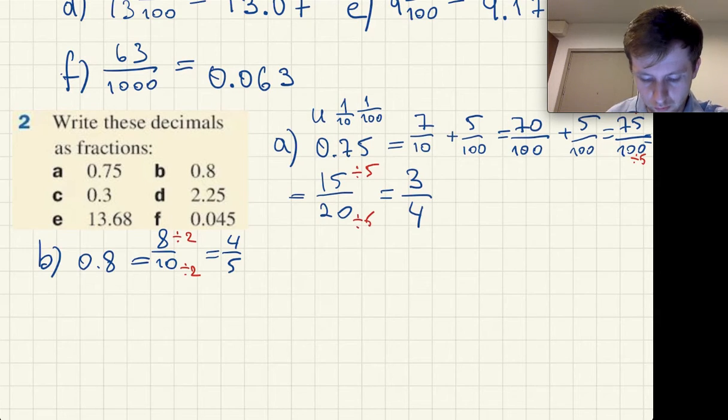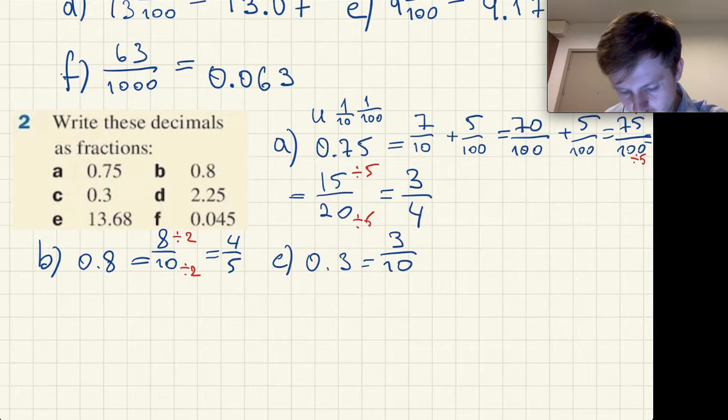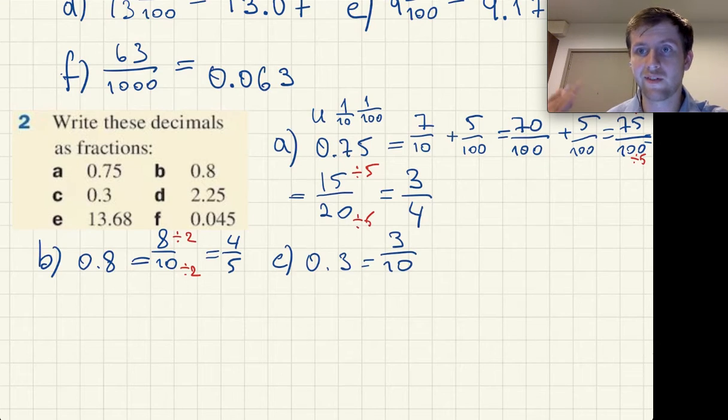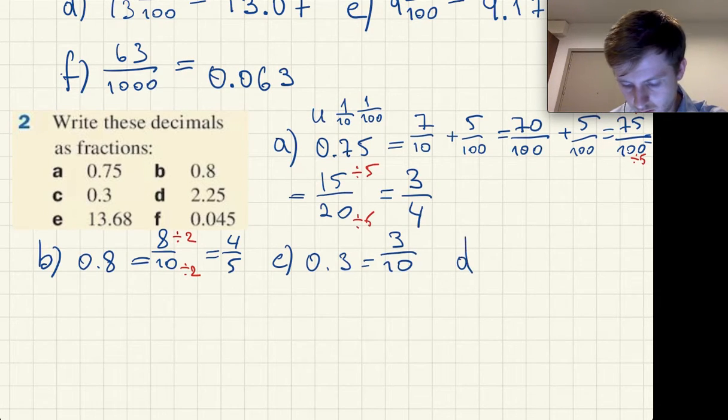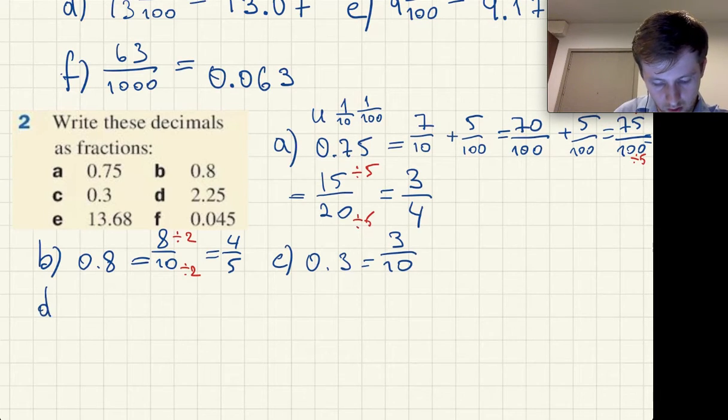Next, we have 0.3, which is the same as 3 over 10. There is nothing we can simplify here. That's it. And then in D we have, I think I'll write it on the next line, 2.25.